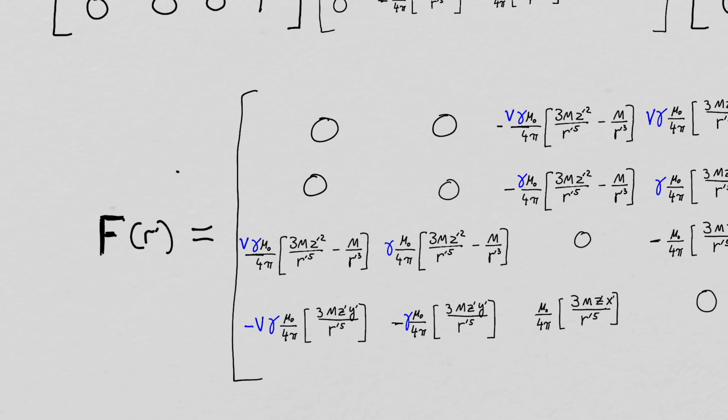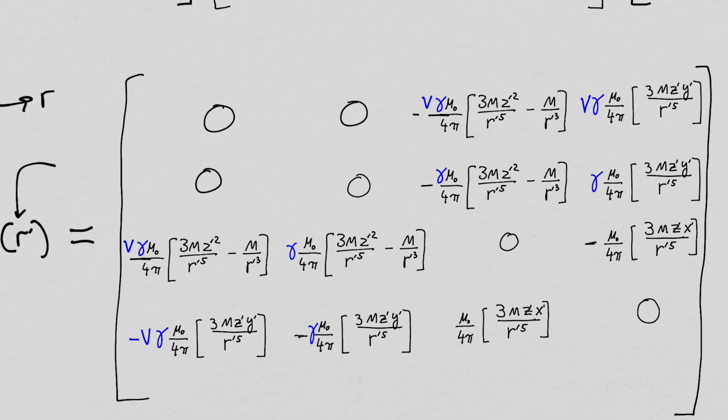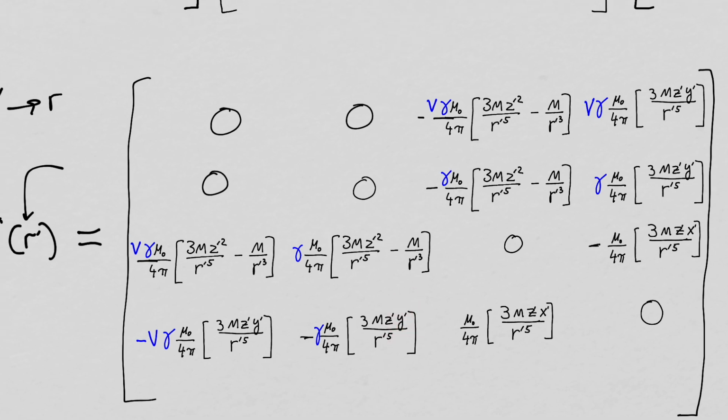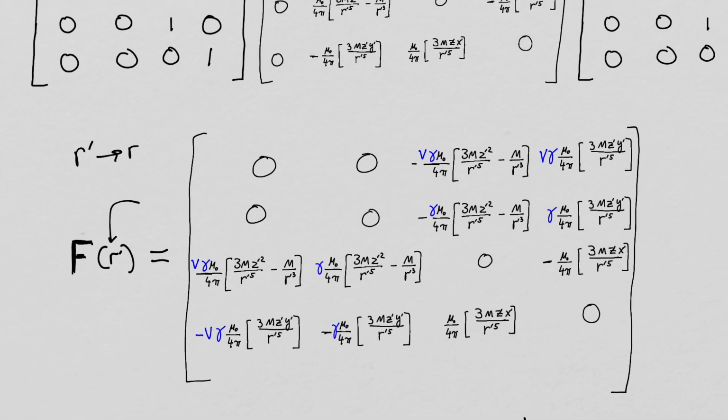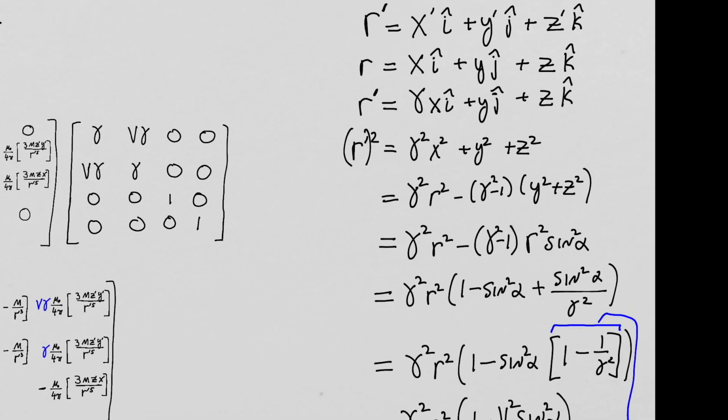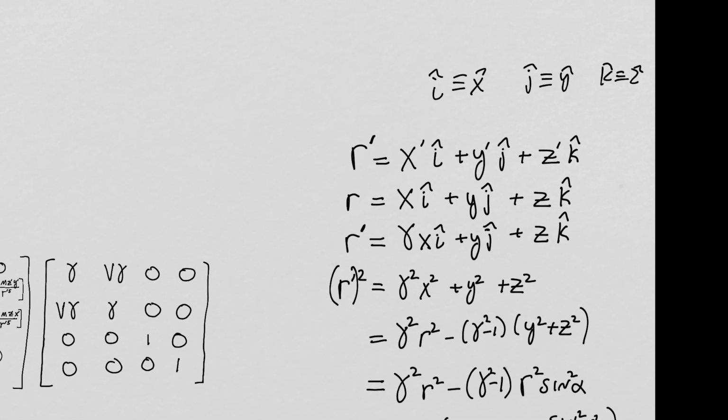So what we've got to do is convert this argument from the dipole's frame to the lab's frame. And so all of these R primes and Z primes and Y primes and X primes have to become R, X, Y, and Z. So let's turn our attention to that, which I have done over here.